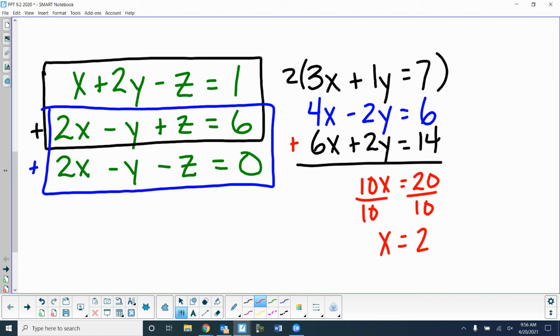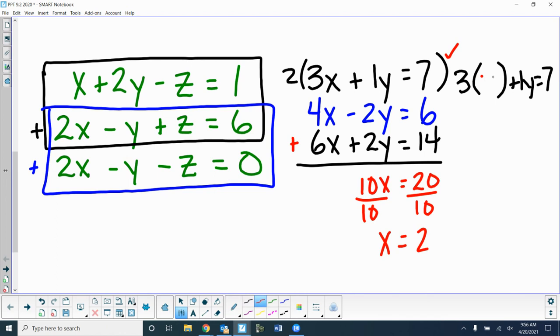All right, and then what you do is you pick one of the two, the black one or the blue one, to figure out your y. I think I would pick this black one to figure out the y. So I'm going to go 3 times 2 plus 1y equals 7.